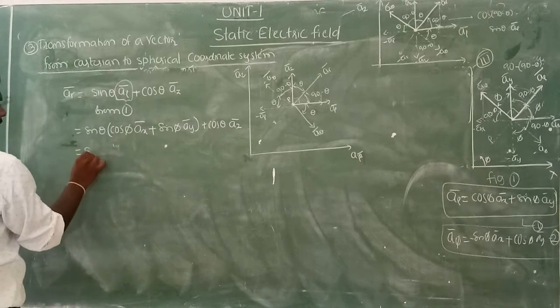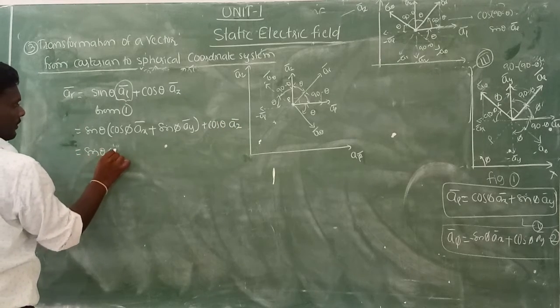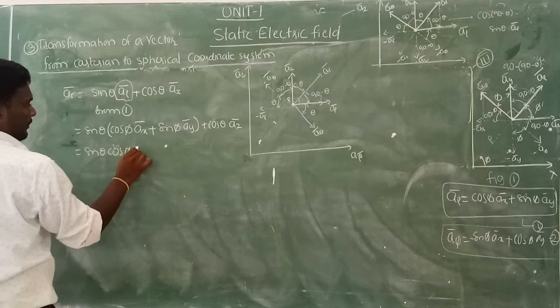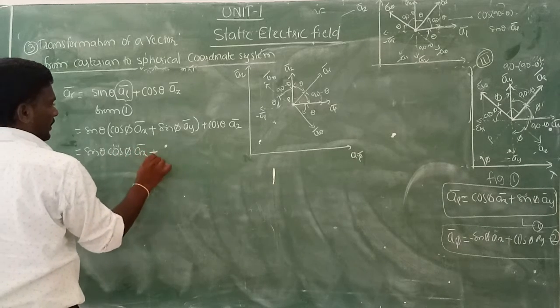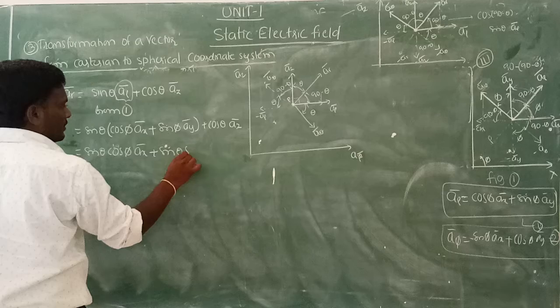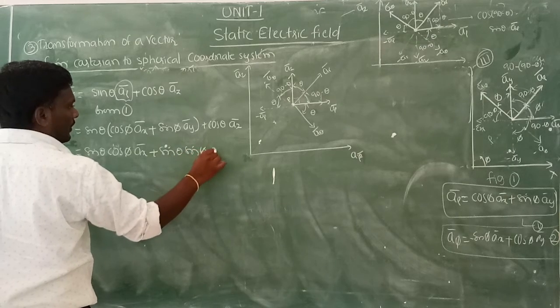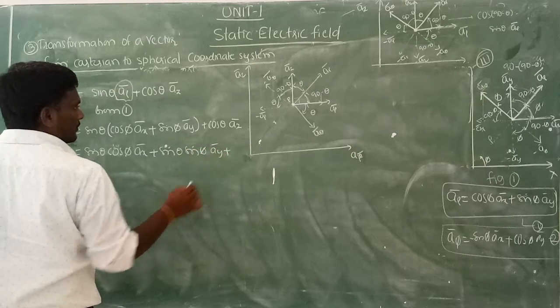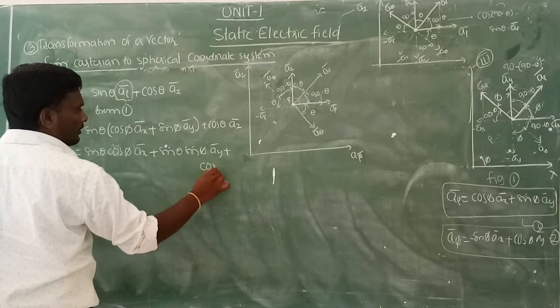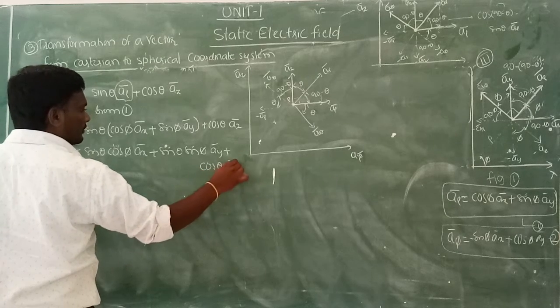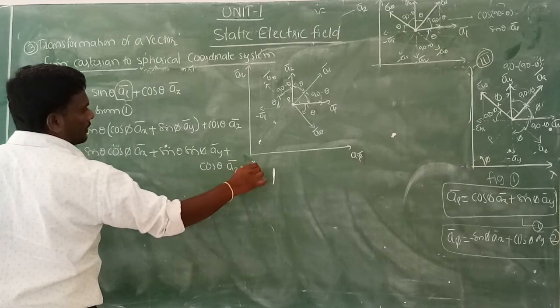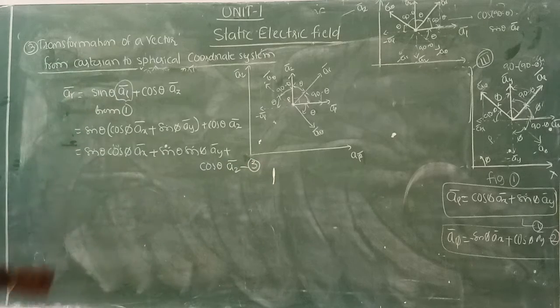Expand it: sin theta cos phi ax bar plus sin theta sin phi ay bar plus cos theta az bar. It is equation number 3. So we got one expression for a unit vector in the spherical coordinate system.